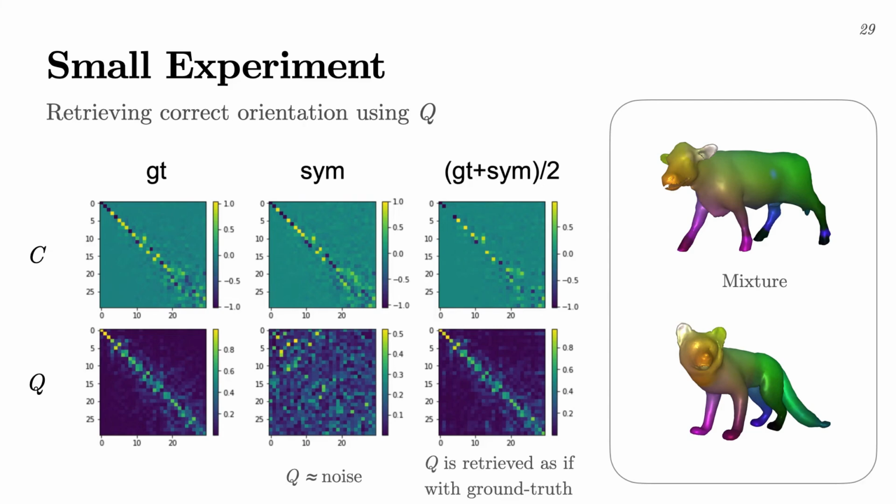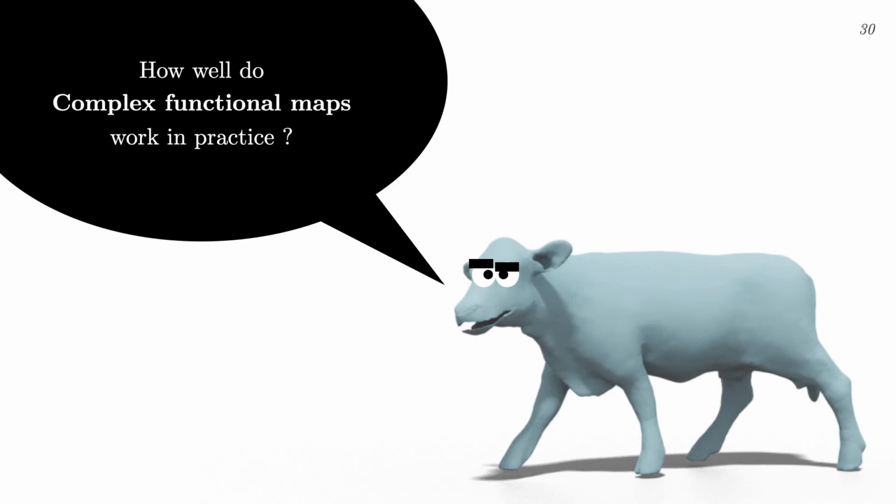However, our algorithm still retrieved the part of the map that was orientation preserving, right? Because it's exactly the only part it can encode as a complex functional map. It is also the part that we wanted to keep. To sum up, complex functional maps help regularize functional maps towards orientation preserving maps.